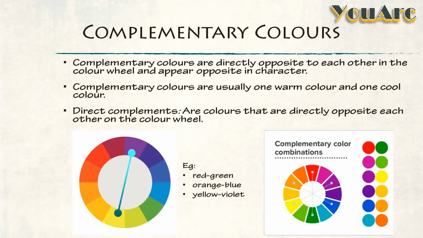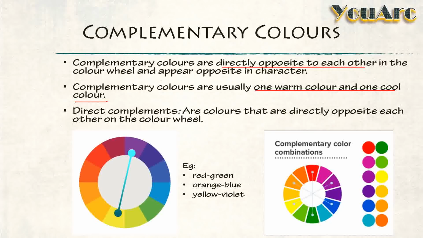Complementary colors are directly opposite to each other in the color wheel and appear opposite in character. Opposite in character means usually one is a warm color and the other is a cool color. So not only are they opposite to each other in position in the color wheel, but they also exhibit opposite character: one warm color and one cool color.